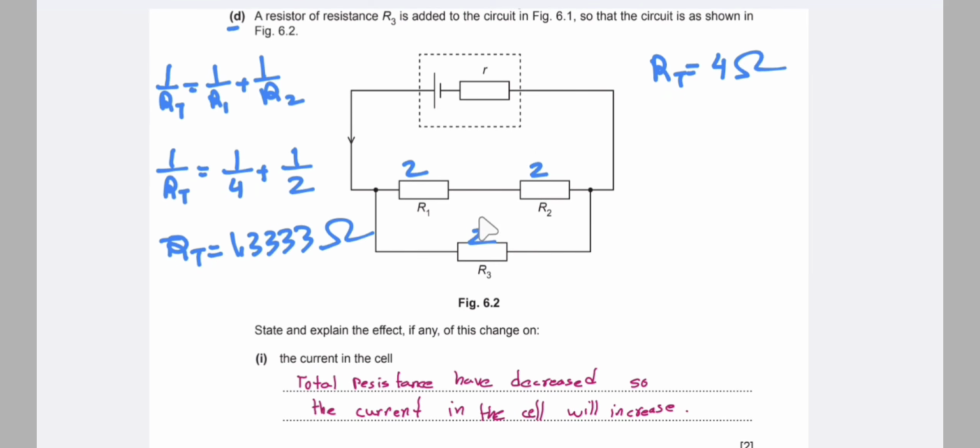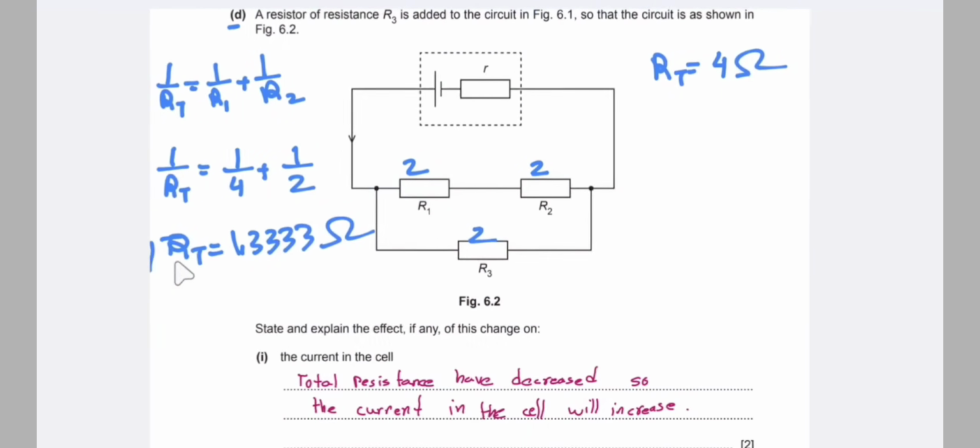If we calculate, R total is 1.3333 ohm. As we can see, since an additional resistor is added in parallel, the total resistance has decreased. Since the total resistance has decreased, the current of the cell must increase.